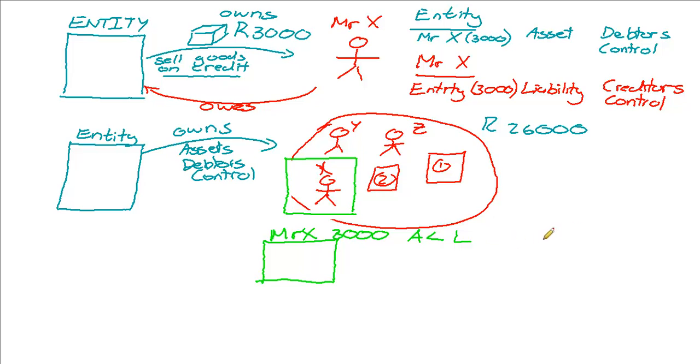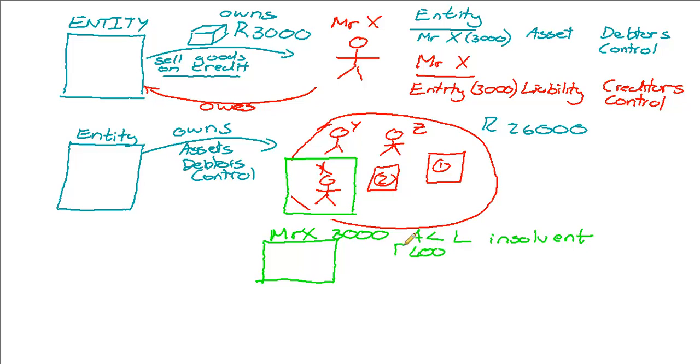In fact, just the month before, the executor of his estate issued a notice to us saying that he has been declared insolvent and he will not be able to pay us all the 3,000 Rand that he owes us. So Mr. X is insolvent. His assets are smaller than his liabilities. And we receive a notice that we will receive only 400 Rand.